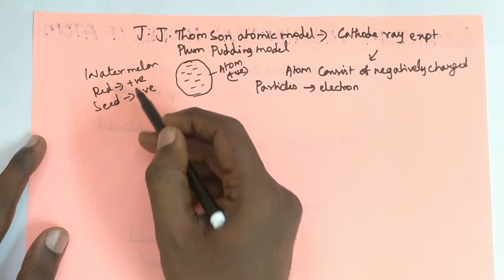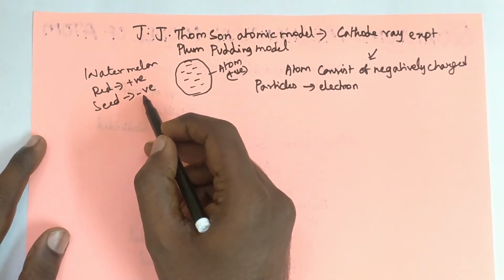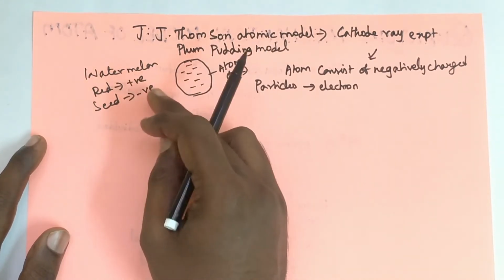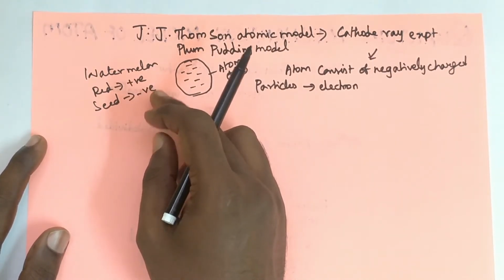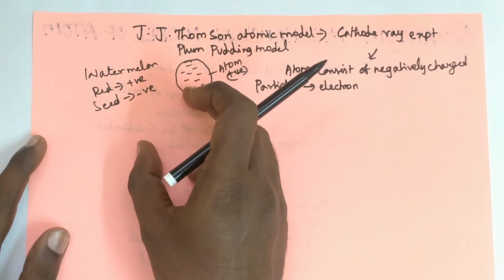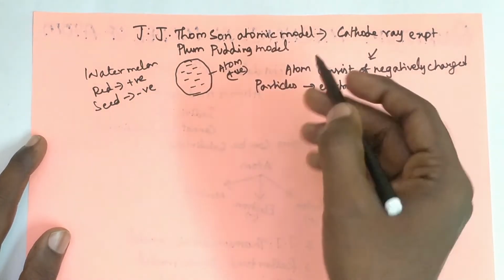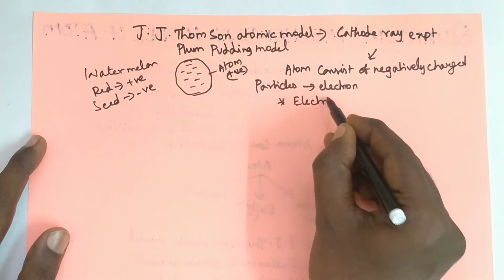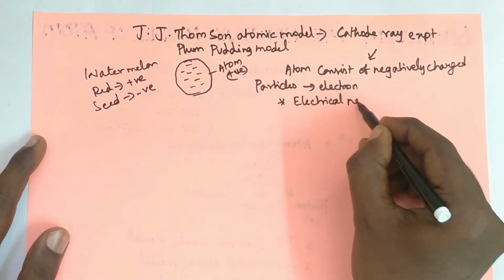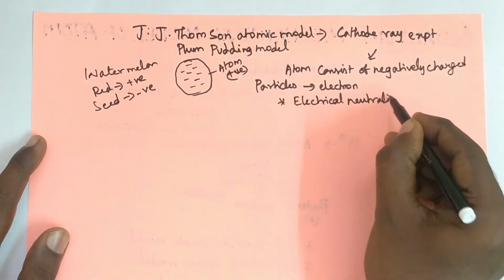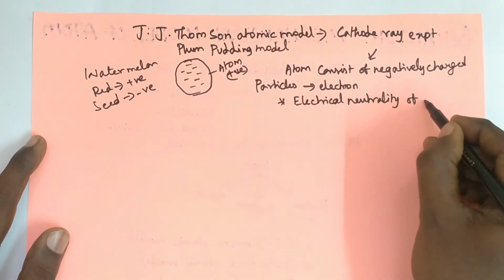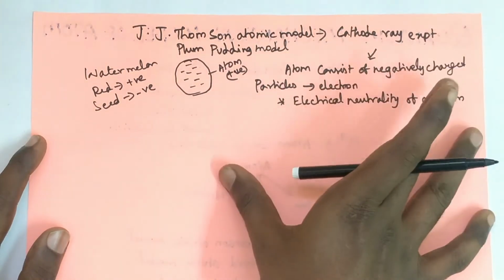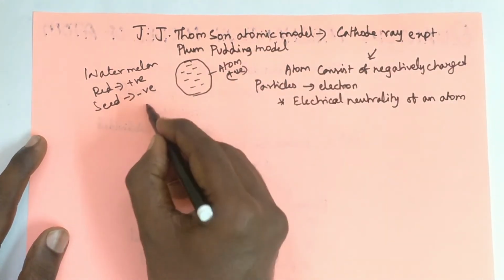The positive and negative are present in equal amounts, so there is a possibility of neutrality. So he also explained the electrical neutrality of an atom. That is all about J.J. Thomson. It has some limitations.